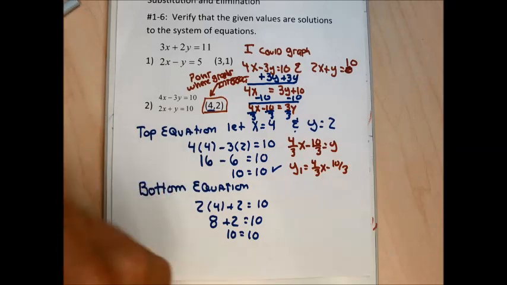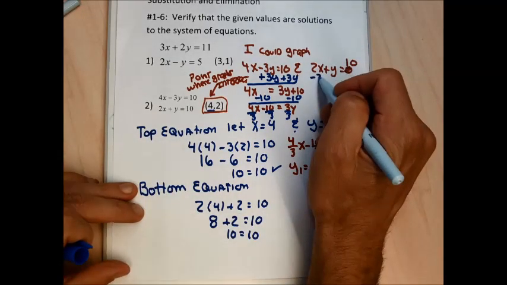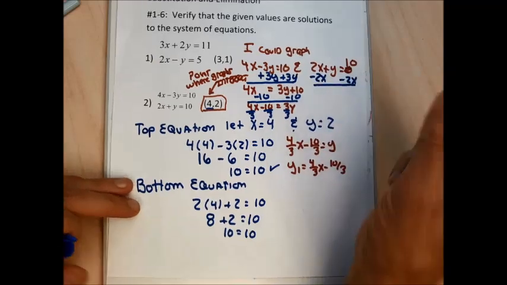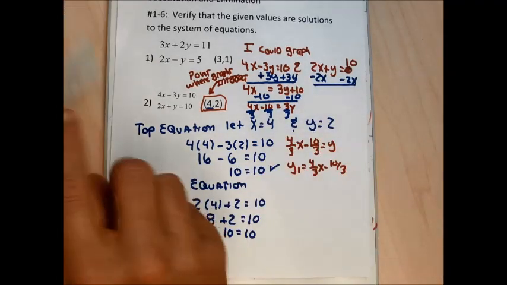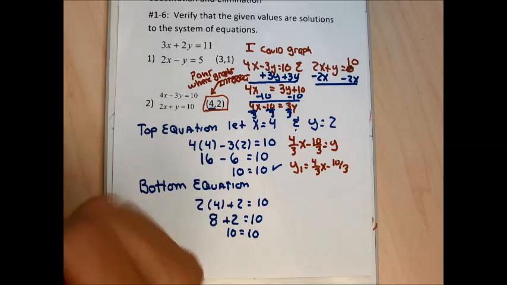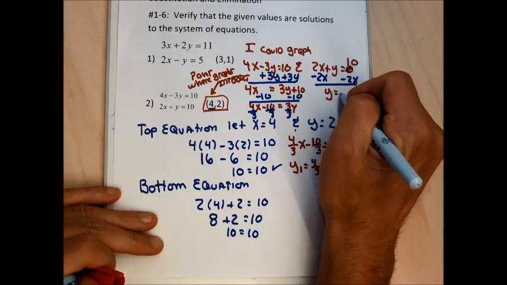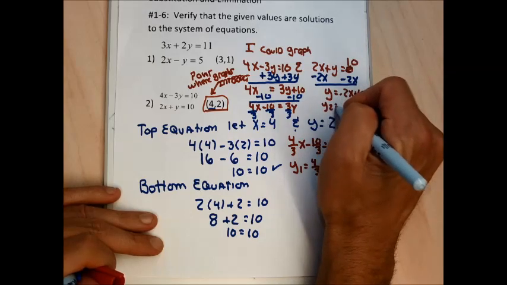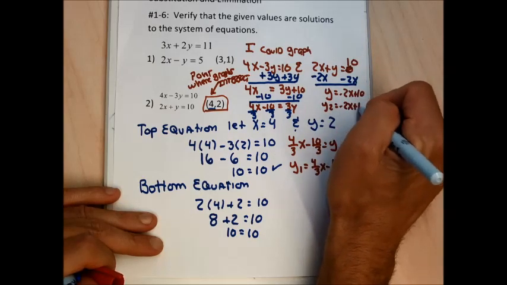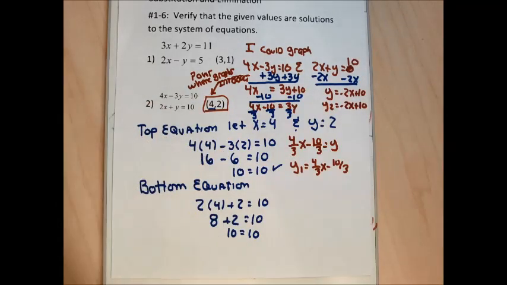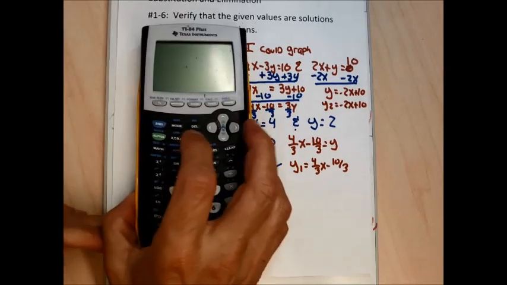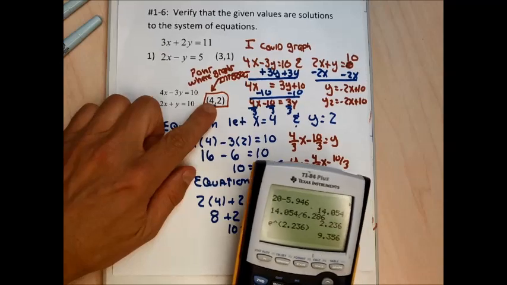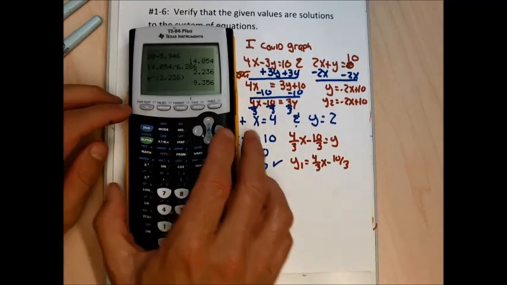When I solve it for y, which takes just one step, I get y equals minus 2x plus 10, and I'm going to enter that into y2. Each of these equations can be graphed, and because the answer to this system of equations is 4, 2, they're going to intersect at that point.